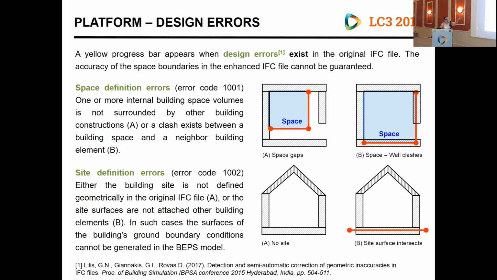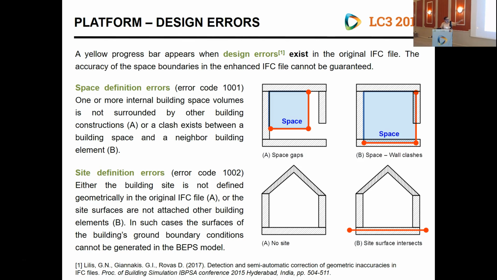It's either smaller than the real space volume, and there is a gap between the space volume and the surrounding building construction, or it's larger than the surrounding building constructions, and in this case the space volume intersects with the surrounding building constructions.